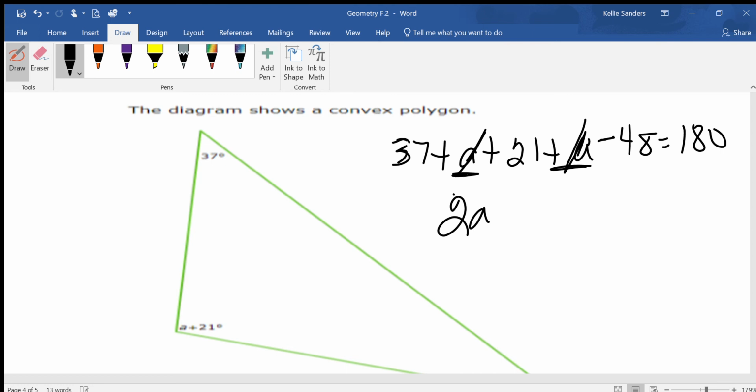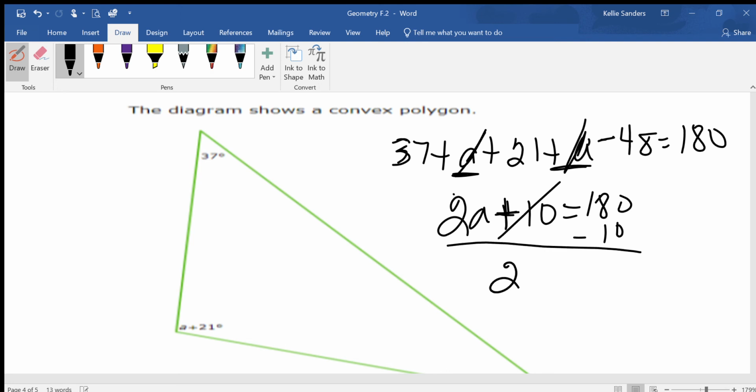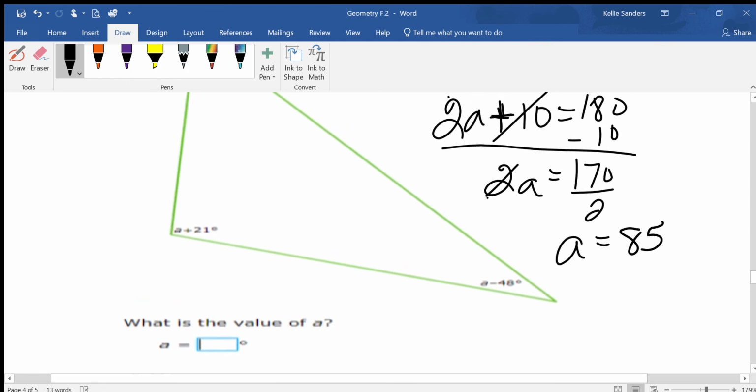I'm going to mark those out so I don't look at them anymore. 37 plus 21 minus 48 is 10. Subtract the 10. 2A equals 170. Divide by 2. A is 85. What is A? 85.